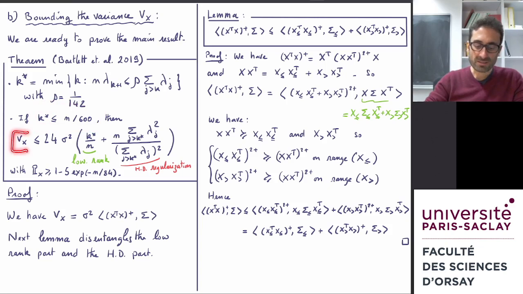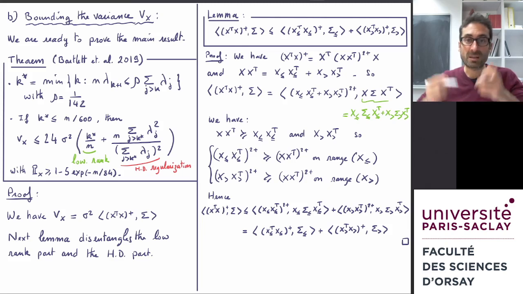we have that the variance is upper bounded essentially by sigma 2 times the sum of two terms. One term is k star over n, which is really the term that we are used to seeing when we do low dimensional regression, dimension divided by n. So this corresponds to the low dimensional part.